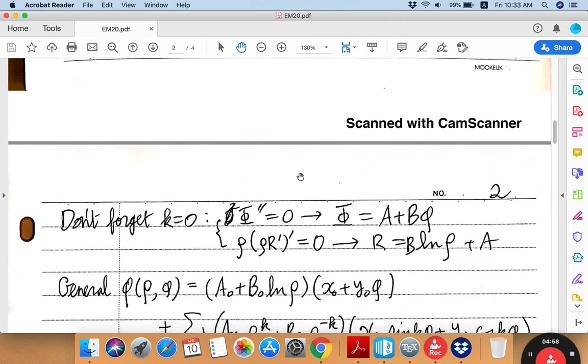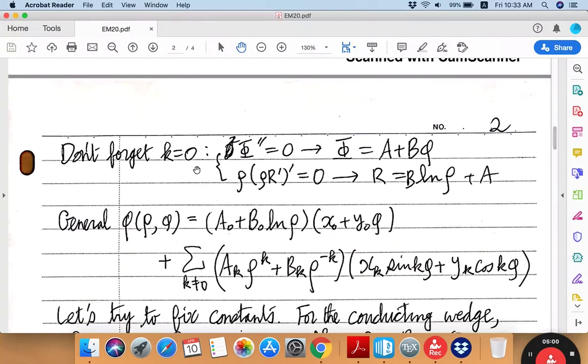And one should not forget the case where k just might be 0, in which case we will have the second derivative of the angle-dependent function equal to 0, and therefore the solutions will be like this. Just a linear function of the angle. And in that case, the radial part of the solution also simplifies to a constant plus a logarithmic function.